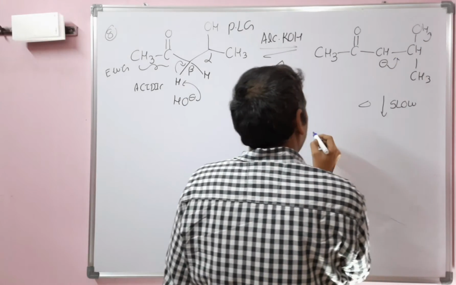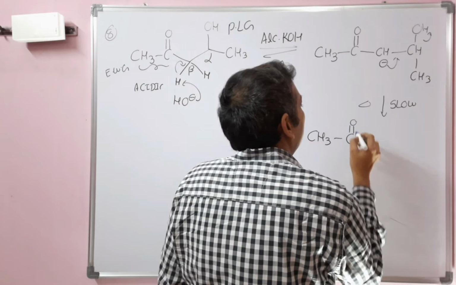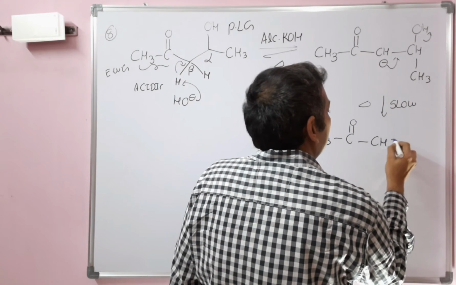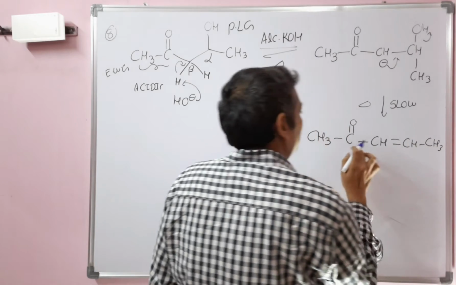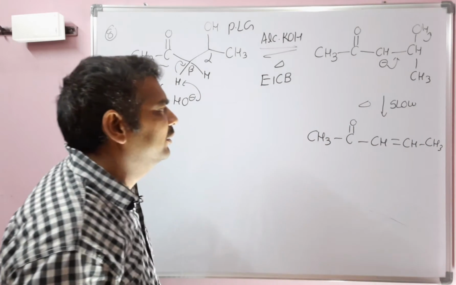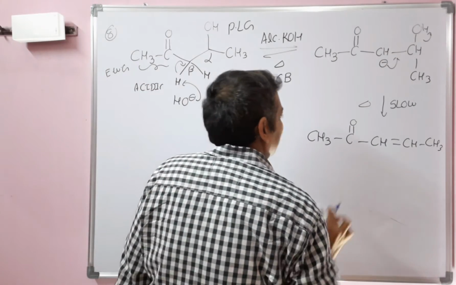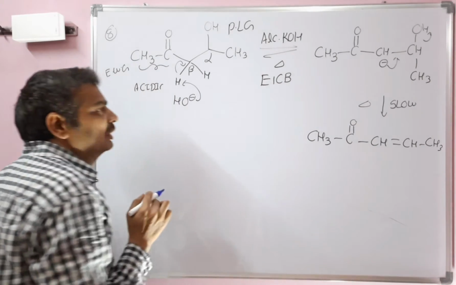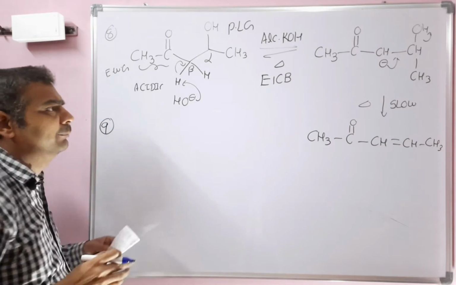OH minus will be going out to give CO, CH double bond CH, CH3, pent-3-en-2-one. That is the product obtained. Example of E1CB reaction.